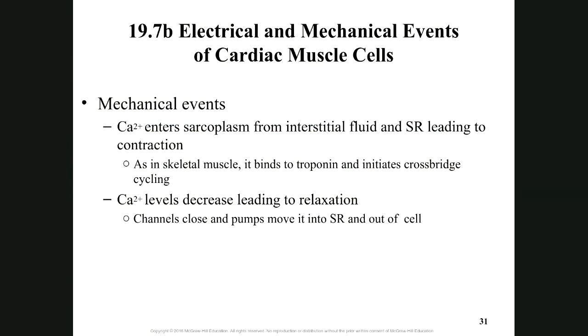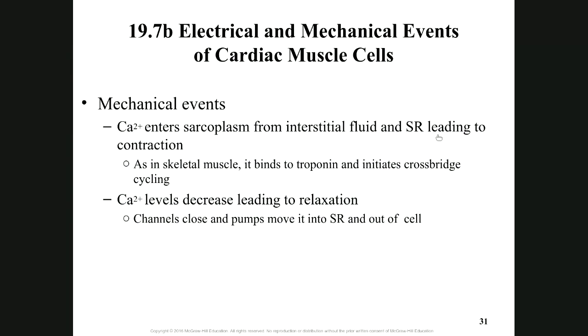Calcium comes into the sarcoplasm from the interstitial fluid, and the sarcoplasmic reticulum starts, going to contraction, start the phase of contraction. Like the skeletal muscle, the calcium can attach to troponin and initiate the cross-bridge cycling.